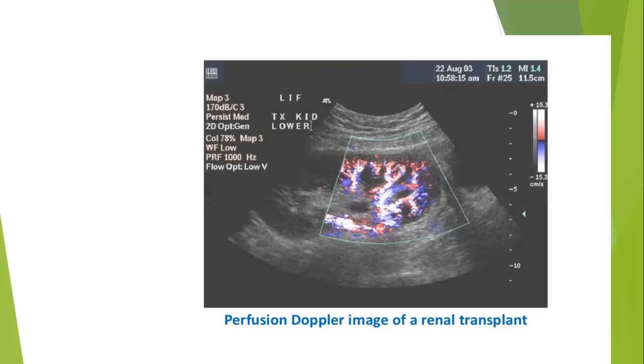Because if we had this kidney right here, you can see the kidney shape, right? With a perfusion Doppler, we're analyzing the blood flow of this organ. What if we have this kind of patient and there is no blood flow in here? That would mean this organ is not well accepted by our patient, right? So we might have to even remove it again.